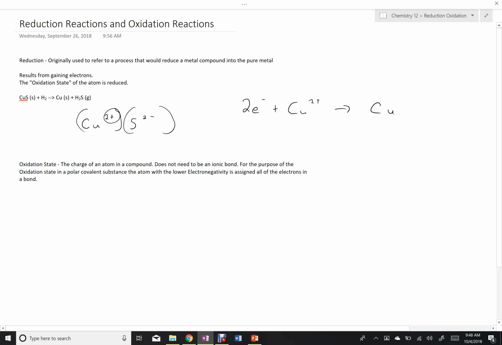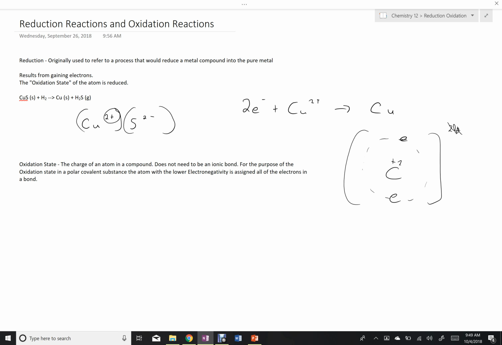If we were looking at copper's valence electron shell, it would have been empty as 2 plus, and then to convert to copper regular, it would have gained 2 electrons back with its effective nuclear charge of +2.